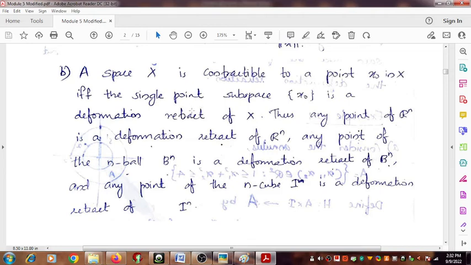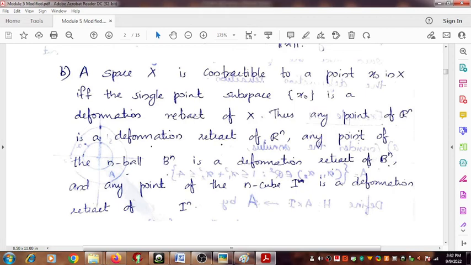So we can say that R can be deformed to any point on R. And then R2 can also be deformed to a point which is present on R2.